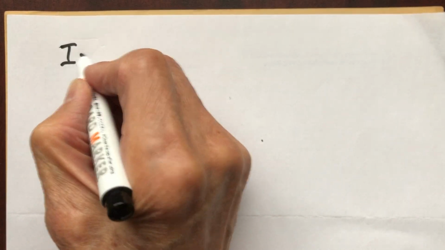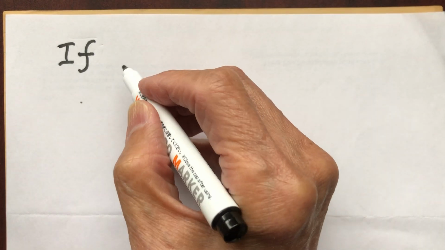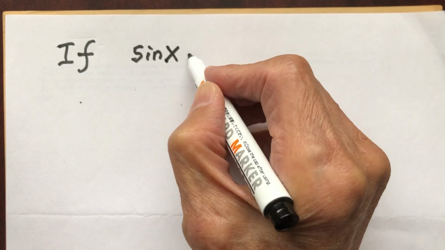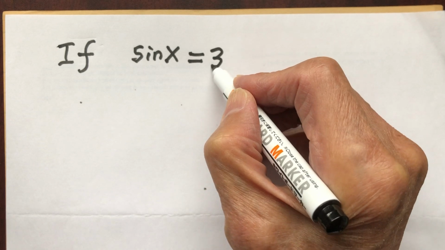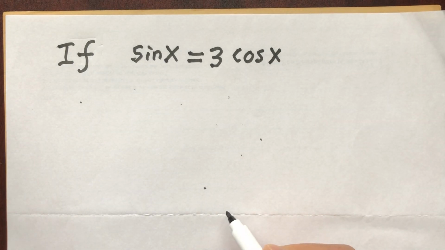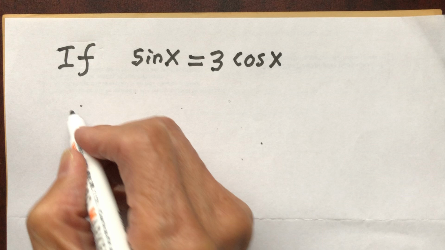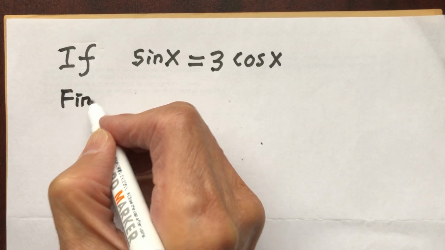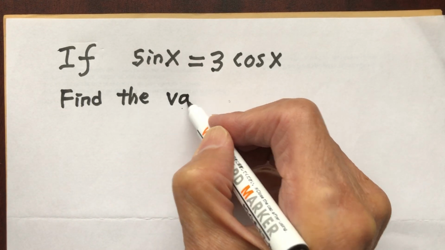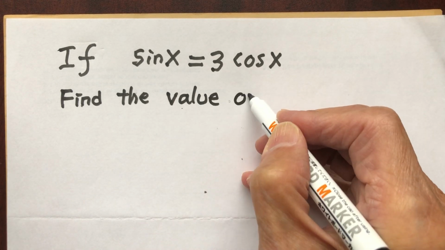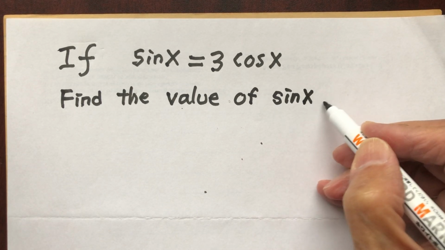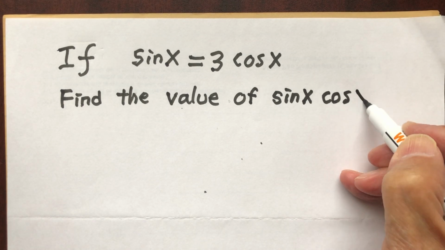If sine x is equal to 3 cosine x, what I want to find is the value of sine x multiply cosine x.